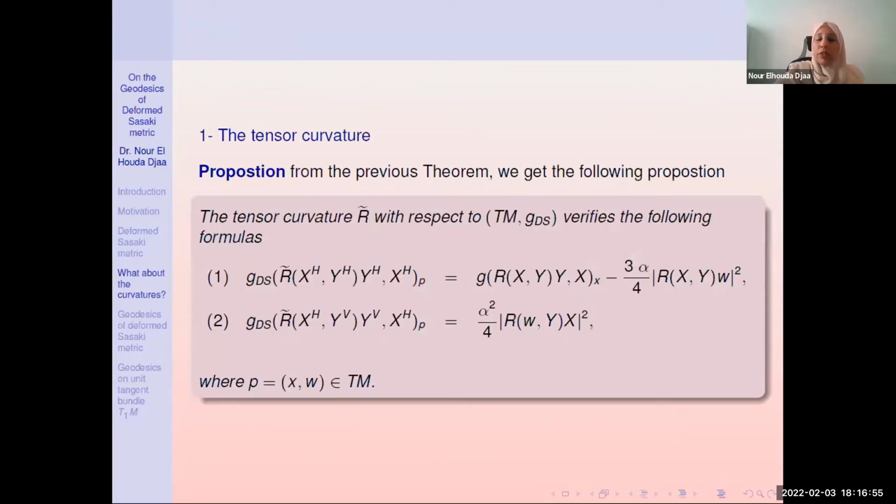So what about the curvatures? Using the Levi-Civita connection, we can get the following proposition describing the behavior of the curvature tensor with respect to (TM, g_DS). And we can note that in formula 1, we have a relation between the curvature tensor on (TM, g_DS) and the curvature tensor on (M, g), which is good.